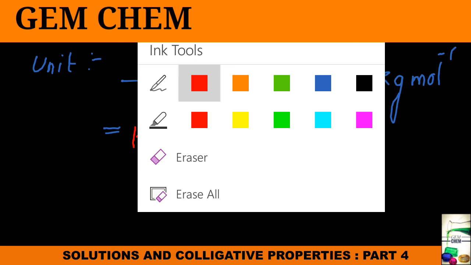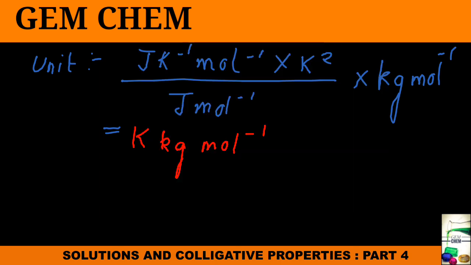Now from the previous case we have obtained that dTb by dm2 is equals to Kb.